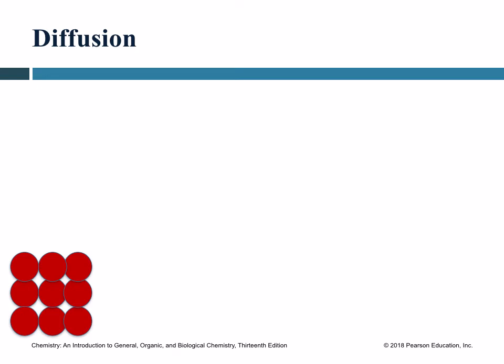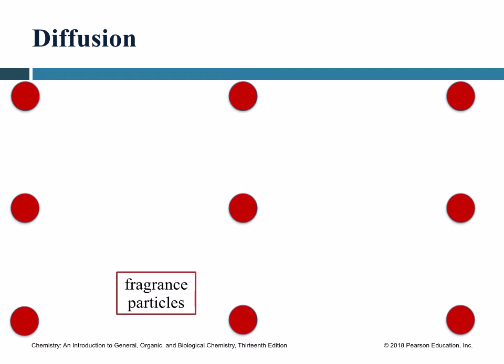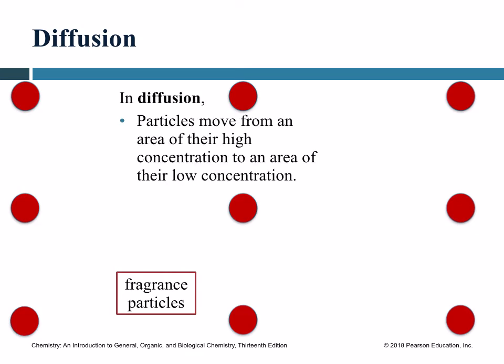Imagine that you spray your perfume or cologne in one corner of your room. After a short while, the fragrance will fill the entire room. Why is that? It's because the perfume particles moved from where you applied them to the rest of the room. That movement of particles from an area where they are concentrated to an area where they are more dilute is called diffusion.